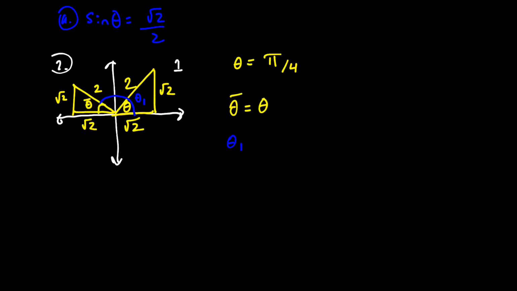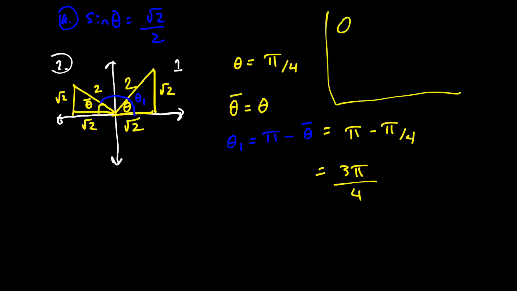Theta 1 is again found by taking pi and subtracting our reference angle, theta bar, which means that this is going to be pi minus pi divided by 4, which is equal to 3 pi divided by 4. Therefore, the solutions to part A are going to be given by pi divided by 4 and 3 pi divided by 4. Now let's look at part B.